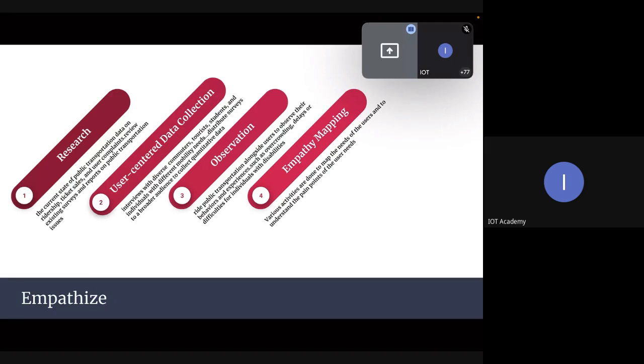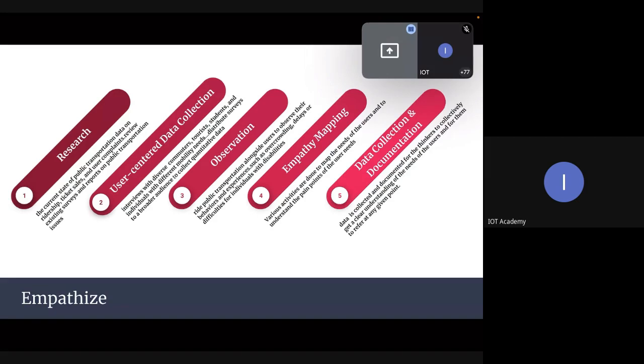And after we have understood the various pain points of the user and their needs, we will document the entire process, because this is the most important part of our thinking process. We will keep referring to this, because this is what tells us what the problems were and what the solutions are that we are looking for.